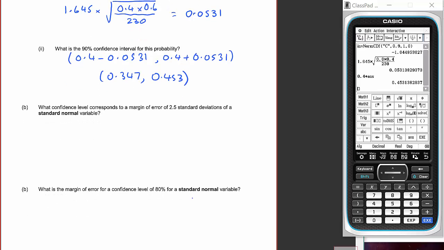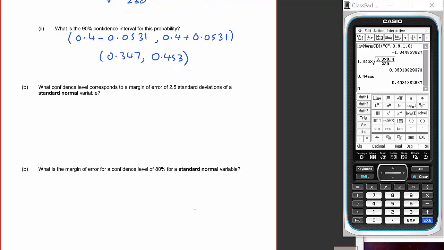Now in part B, what is the confidence level that corresponds to a margin error of 2.5 standard deviations for a standard normal variable? So what we're talking about here is if we go to 2.5, negative 2.5, remember the standard deviation is 1 for a standard normal, and we want to know how much is in there.